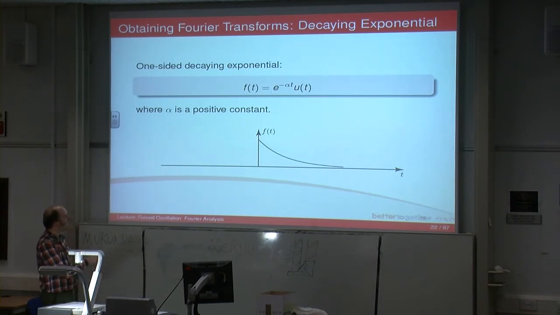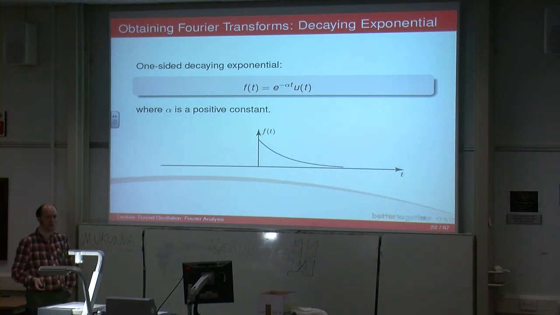e to the minus alpha t on its own would start out at minus infinity, come down, cross over at this point, and then keep on going. If this is e to the minus t, that point would be 1. But obviously we've multiplied by this Heaviside step function, so on this side of the graph f of t is 0, and then from t equals 0 onwards we've got this function.